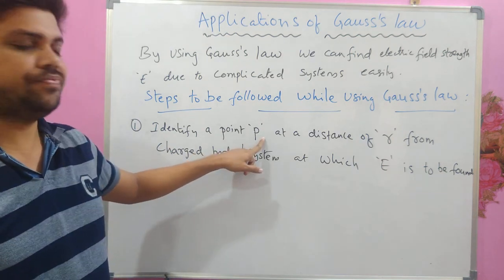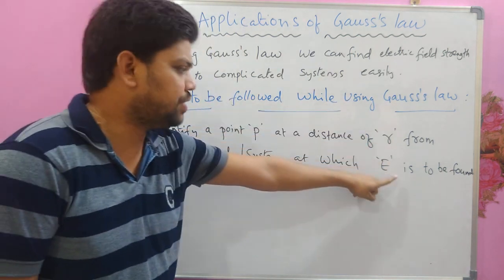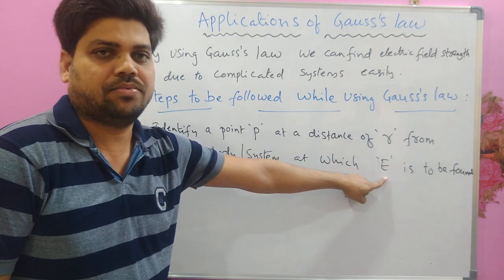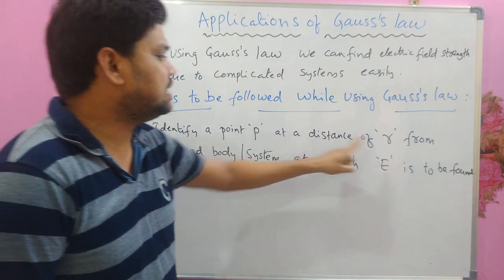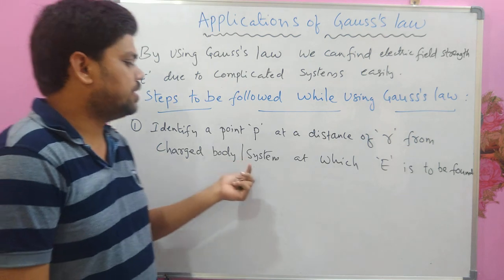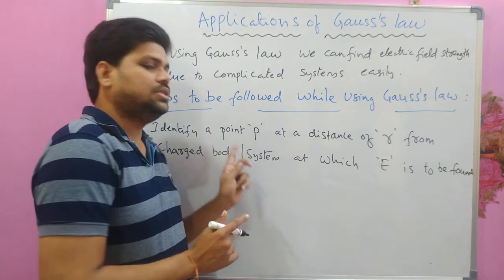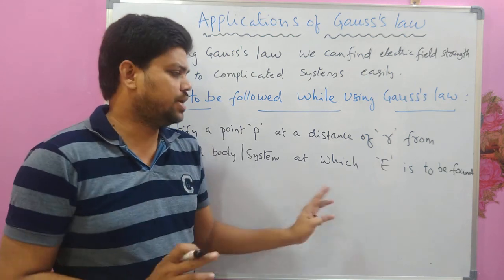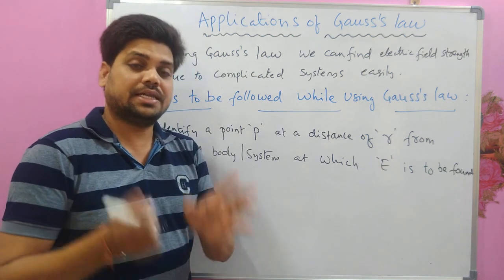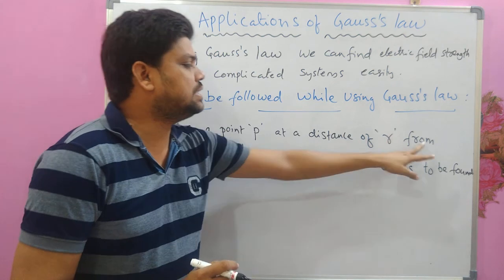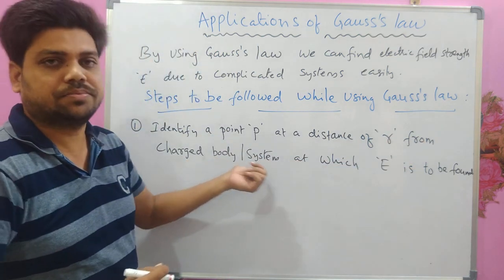Identify a point P where you want to find out electric field, at a distance of r from the charged body or system. That point should be at a distance of r from the charged body or system.